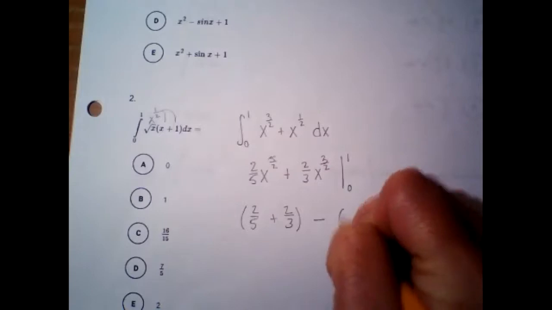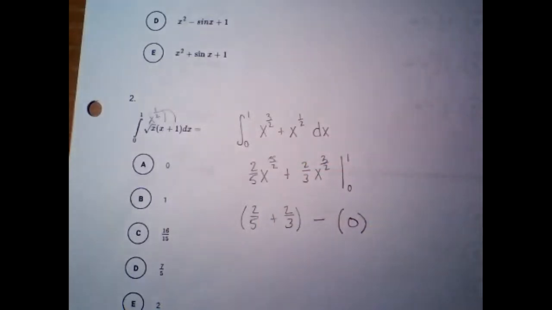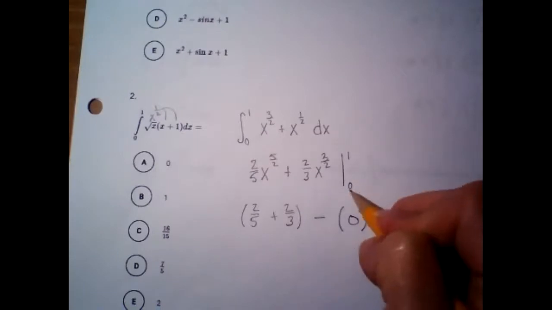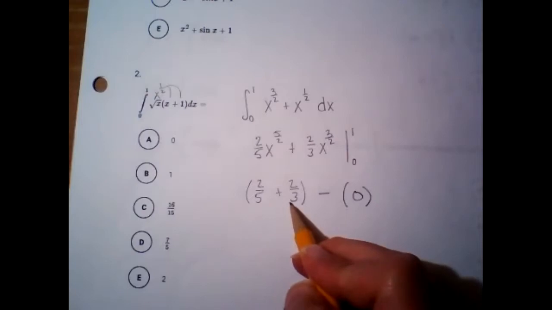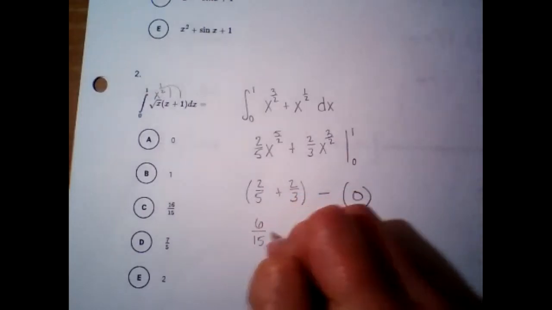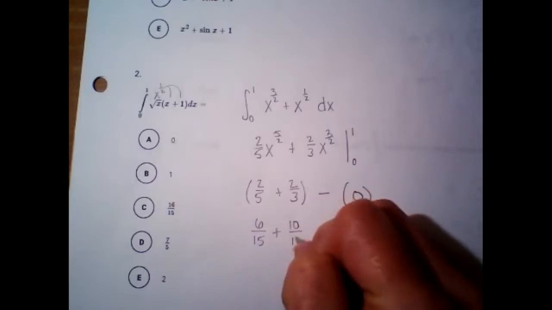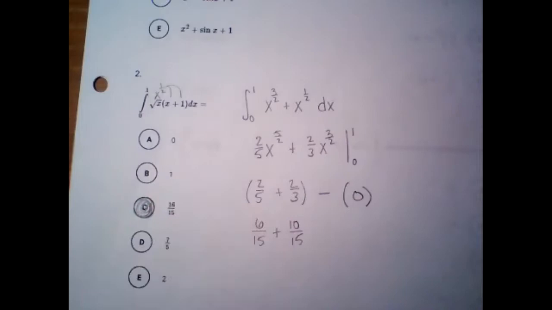And then minus, now if you plug in 0 for those x's, you're just going to get 0. So that whole second part is going to be gone. And then we're going to need to get a common denominator of 15ths. So this would be 6/15 plus 10/15, so 16/15. So that one, just a lot of fractions is what made it a little tougher.